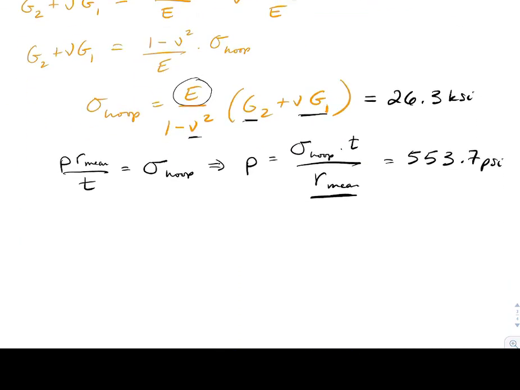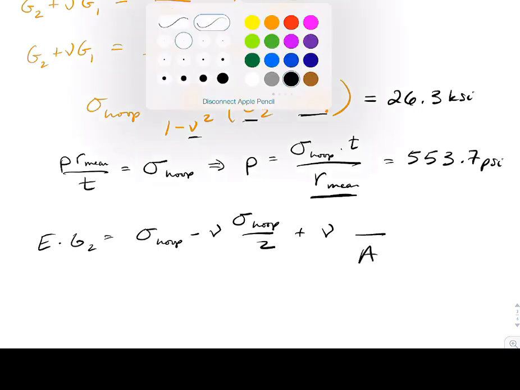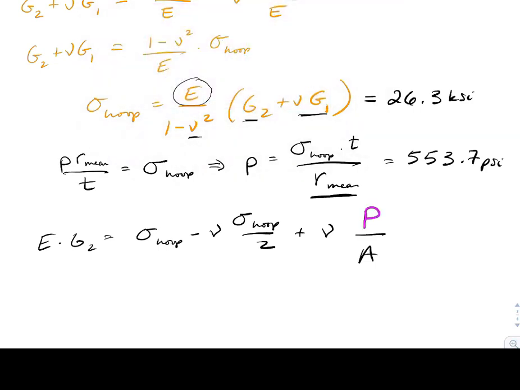If we rewrite that equation, E times G2 is equal to sigma hoop minus Poisson's ratio times sigma hoop over 2, plus Poisson's ratio times P over A. I'm going to change colors here. That's the purple P, the applied external load. So there's our one equation and one unknown.